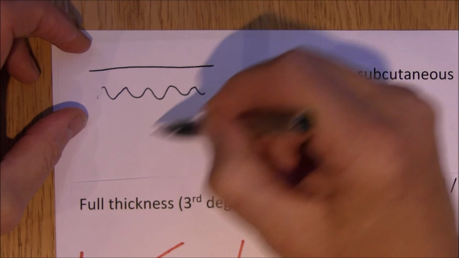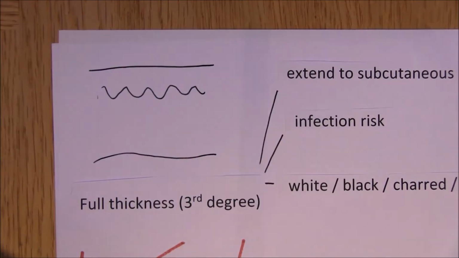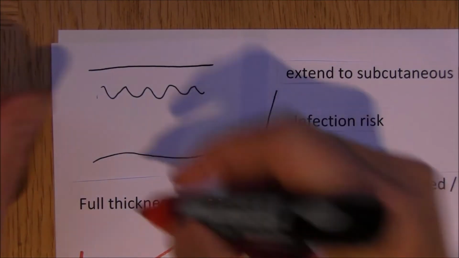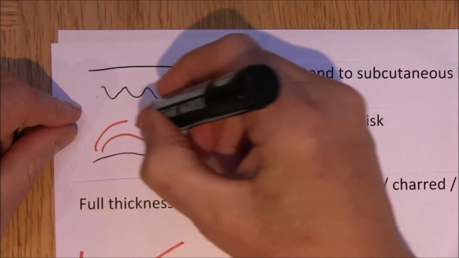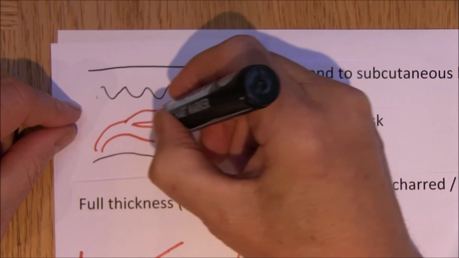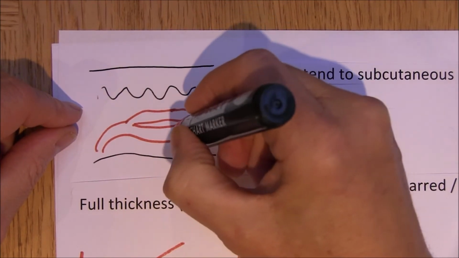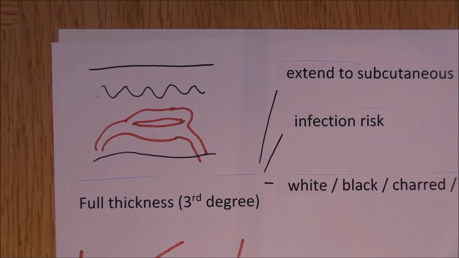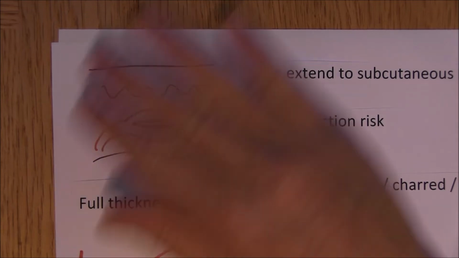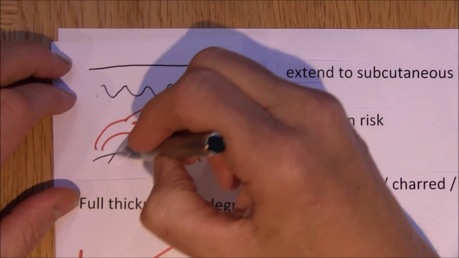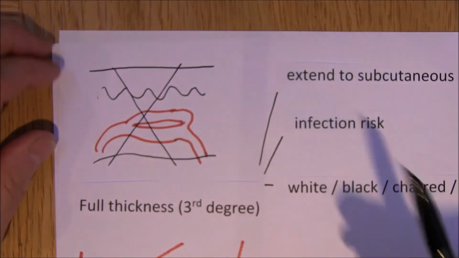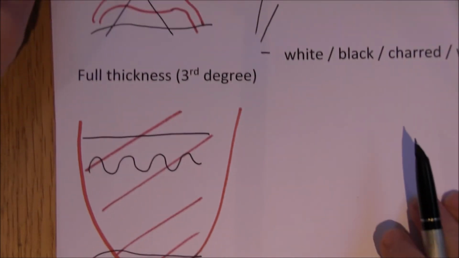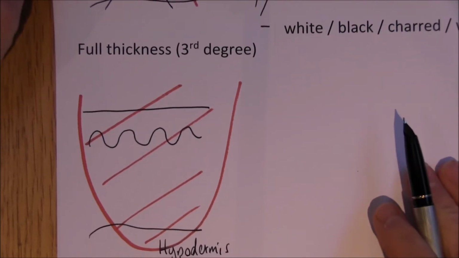And you can probably work out by now that, as we've said many times so far, skin, epidermis, dermis, the blood vessels are in the dermis. Arterial capillaries, venules, but all those are burnt away. This no longer exists in the burnt areas. So there's going to be no blanching.